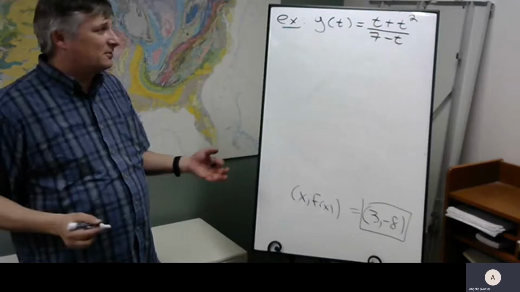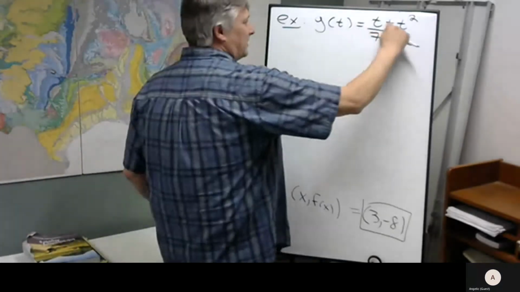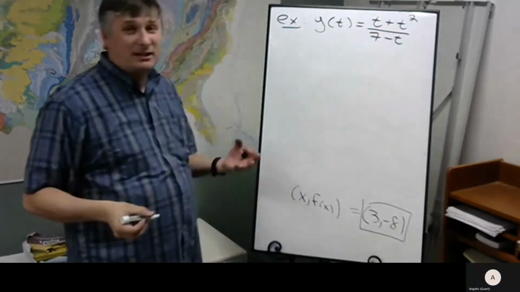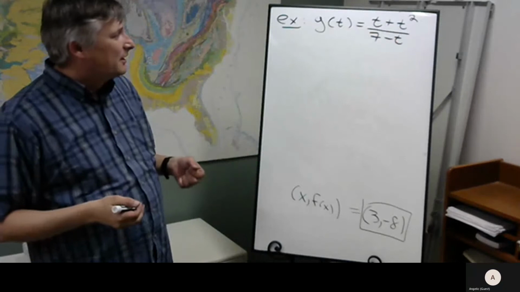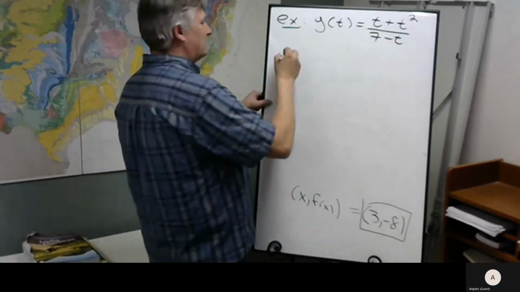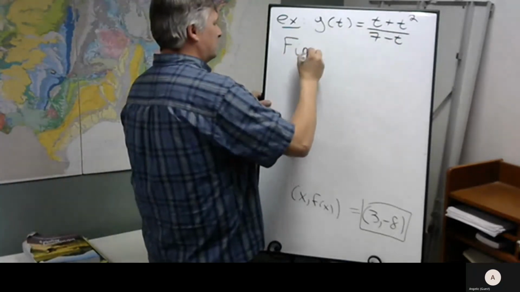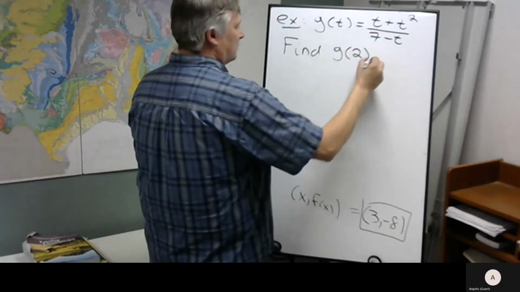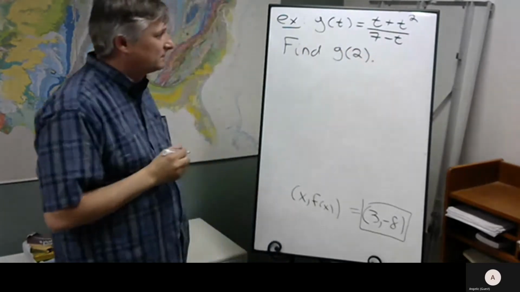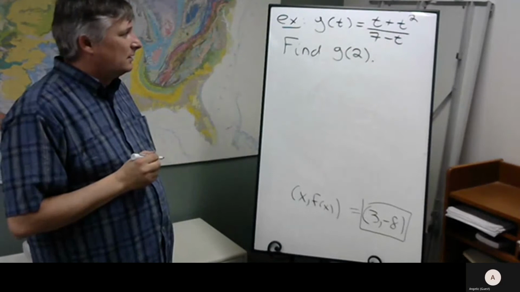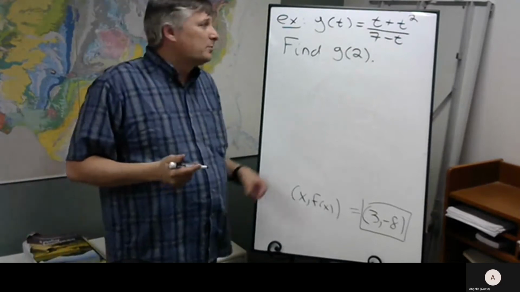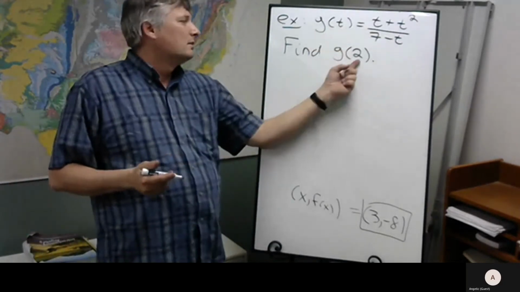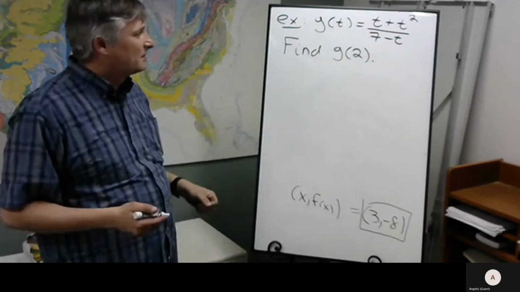Let's say you have a function that looks like this, and this is a plus sign with some t's. And so we're going to find g of 2. So what's going on here? We're replacing the t with the 2.